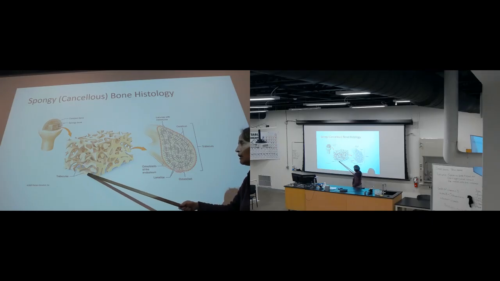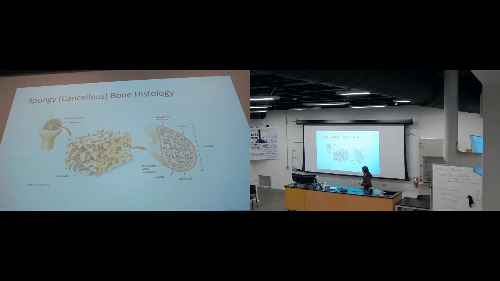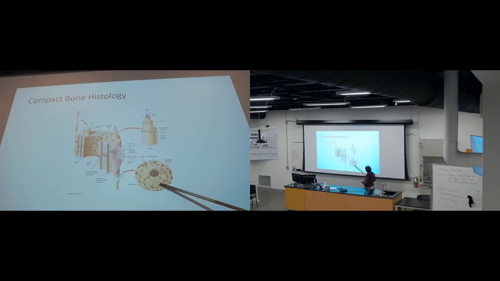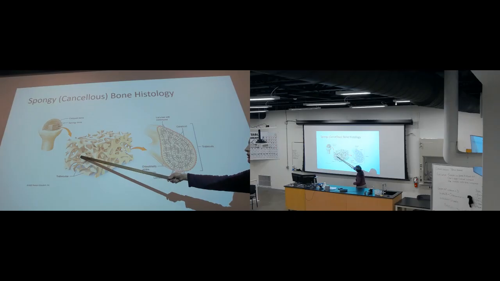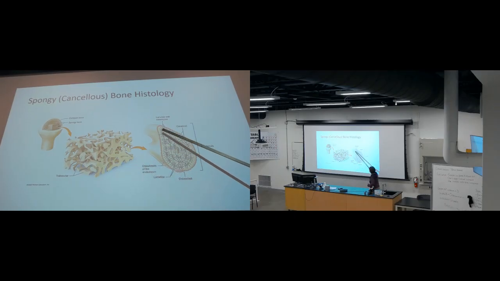They don't have a round shape like this. These osteons have a round shape, but the trabeculae are irregular in shape.